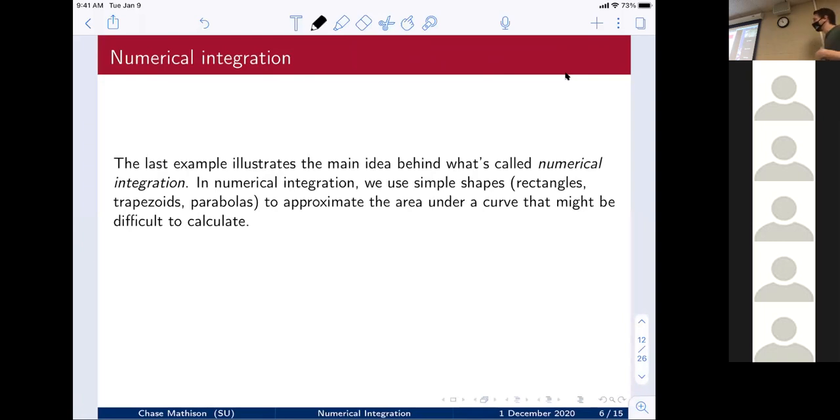When we use rectangles, you can just call that a Riemann sum like we did before. When we use trapezoids, that's going to be called the trapezoid rule. Surprise, surprise. And sadly, when we use parabolas, it's not called the parabola rule. It's called Simpson's rule, because a guy named Simpson discovered that you could integrate in this way.